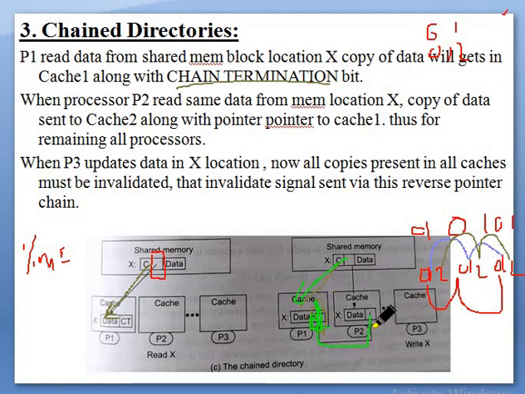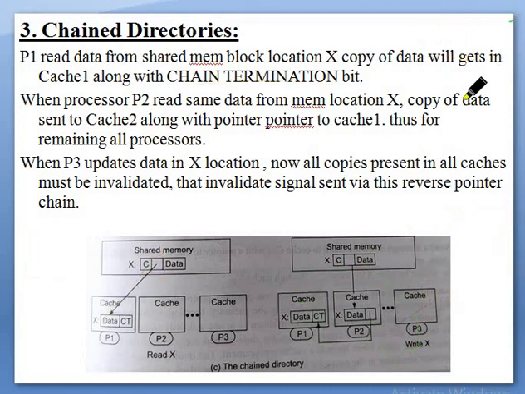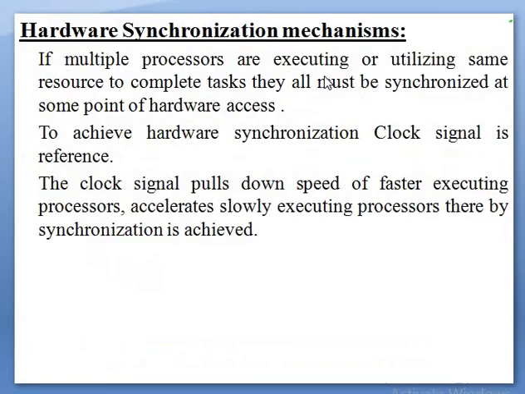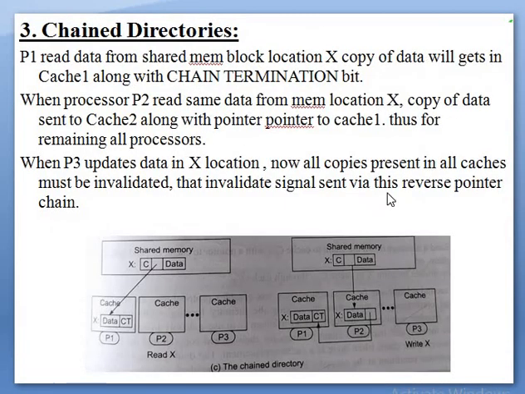That is the processor number. If processor 3 also requests, the data will be given and its termination is P2. It looks like a singly linked list method of execution.